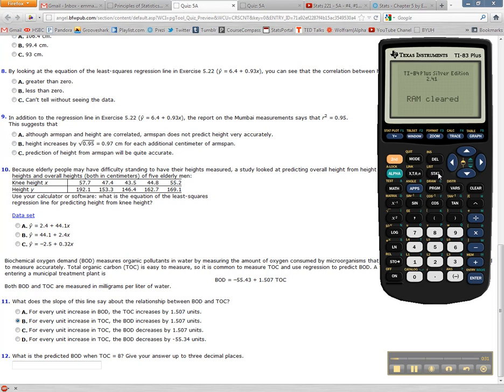They tell us which one is in the x-axis and which one is in the y. And so all we have to do is go to stat, go to edit, right? And then we're in list 1 and list 2. So we're going to put all our x points in list 1: 57.7, enter, 47.4, enter, 43.5.